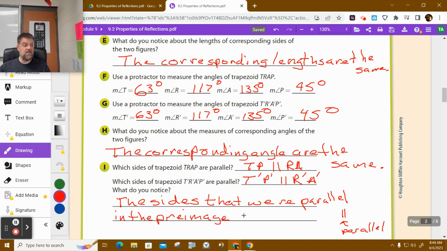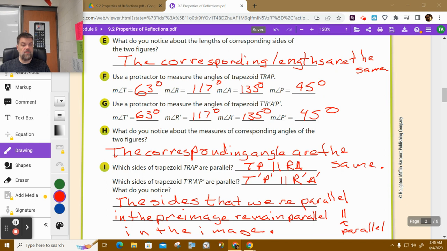I'm on the next letter. In the pre-image remain parallel in the image. I wrote parallel to the period.